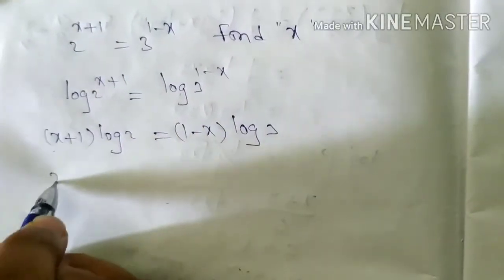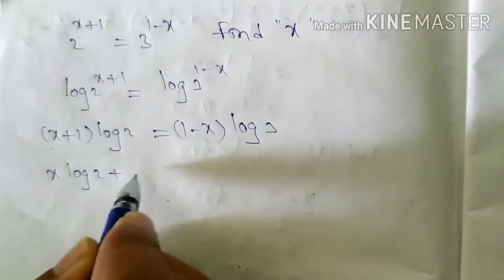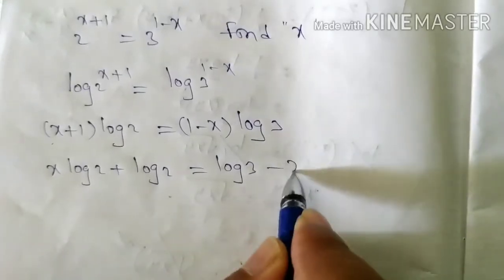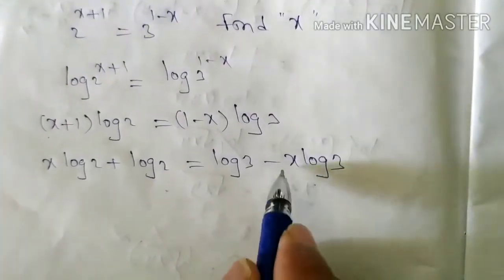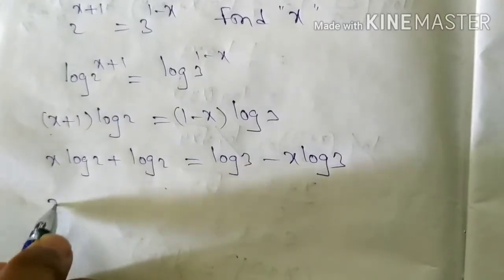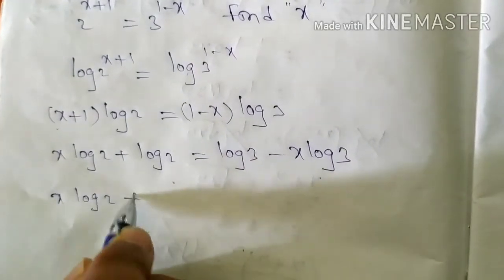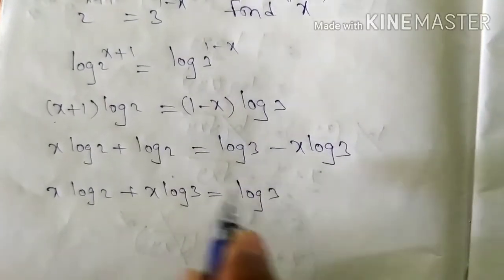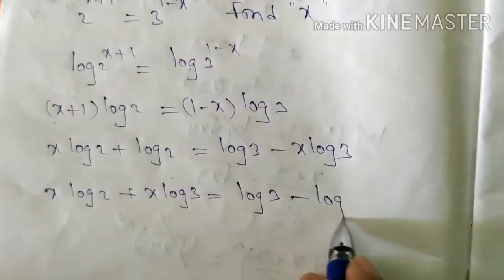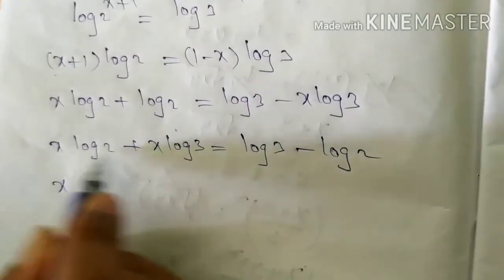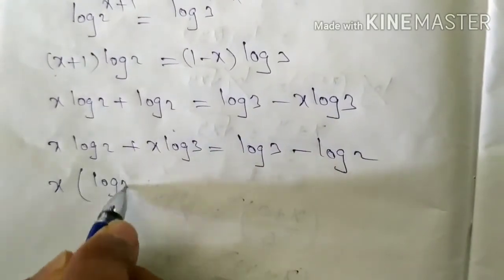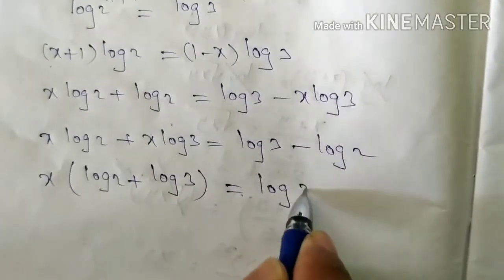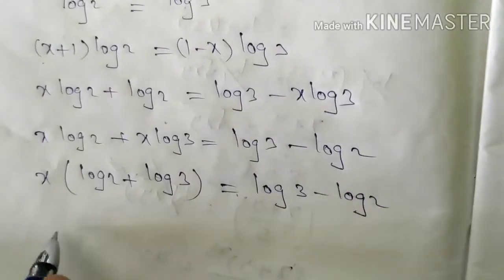Now x log 2 plus 1 log 2, 1 log 3 minus x log 3. Here x terms take one side, x log 2 plus x log 3, here log 3, here plus log 2 and here minus log 2. On both sides, total these two terms, x take common, (log 2 plus log 3) is equal to log 3 minus log 2. Now we need x.